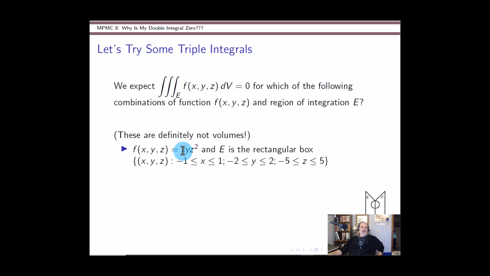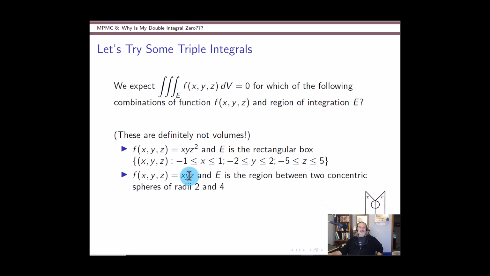And notice, just like in the 2D case, when we think about the contribution to x in xyz squared, every value of x that we use will have a counterpoint that will contribute exactly the opposite, and same thing for y. So when it's all said and done, as the calculus ant is walking around this 3-dimensional box and putting values of x, y, z squared into that ant's little bucket, every positive contribution has a matching negative counterpart. The net result will be 0.